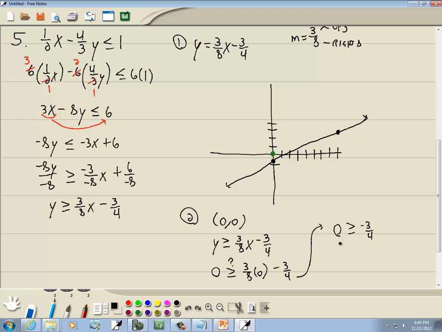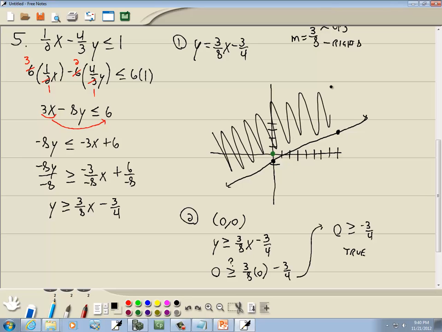Unfortunately, every one I've picked here has been true. But if it wasn't true, like if this was false, then we would shade the other side. 0 is greater than negative 3/4. So this is true, which means we'll shade the side where the point falls. So that'd be our answer.